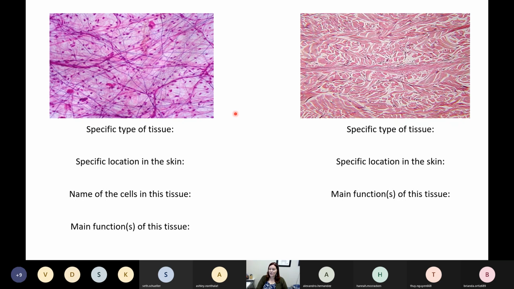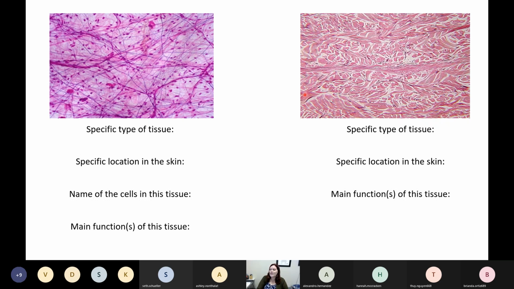One other kind of tissue that we have in the skin, this is the kind of tissue that's found in what's called the reticular layer of the skin. This kind of tissue here on the right, can you tell me in the chat, what kind of tissue are we looking at here? This really messy pink one that has these pink proteins all over the place. Exactly.